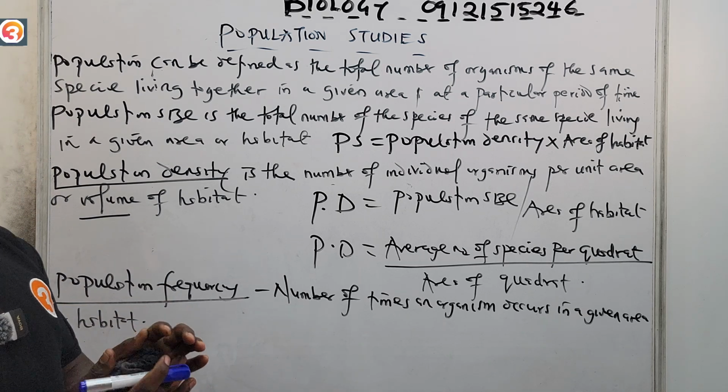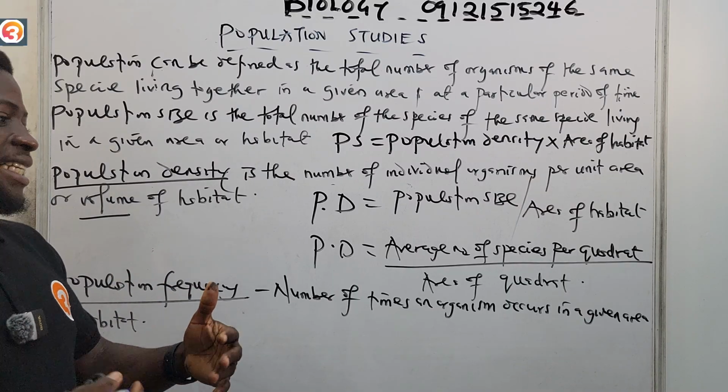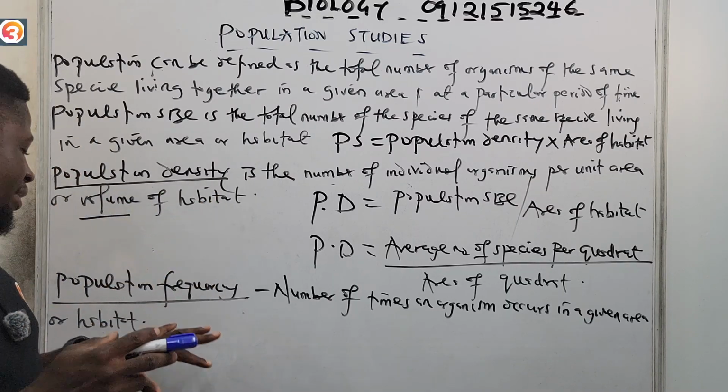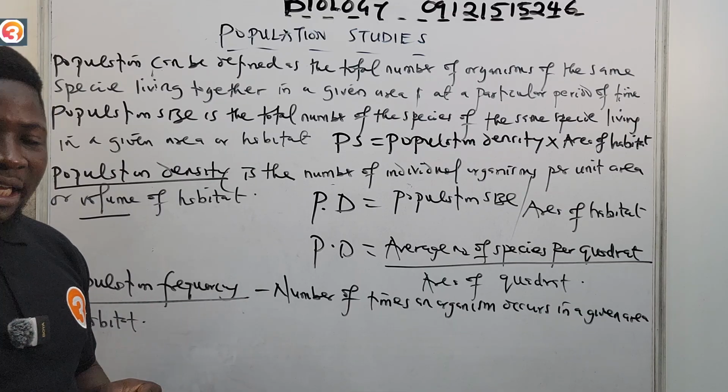So population frequency, on the other hand, is the number of times an organism occurs in a given area or habitat. Please take note of that. It's as simple as ABC.